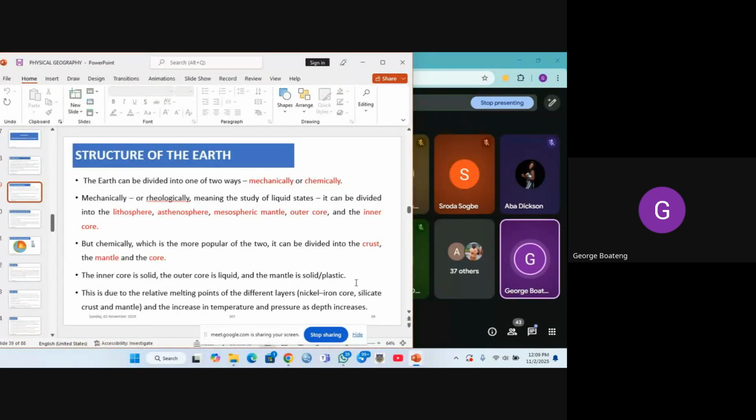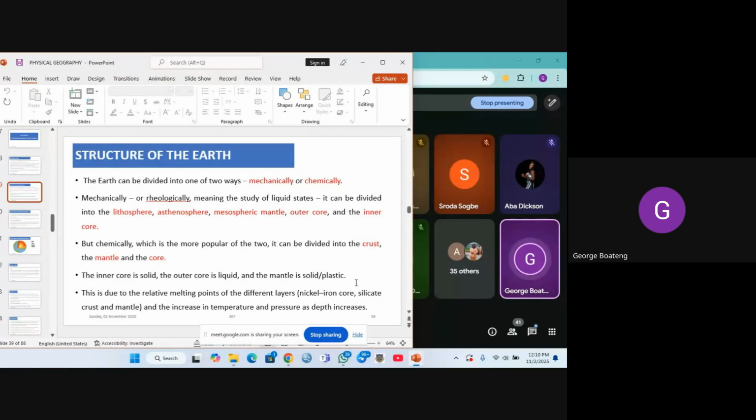For this lecture, we'll look purposely into the chemical composition of the earth. With the chemical composition, we have the crust, the mantle, and the core.